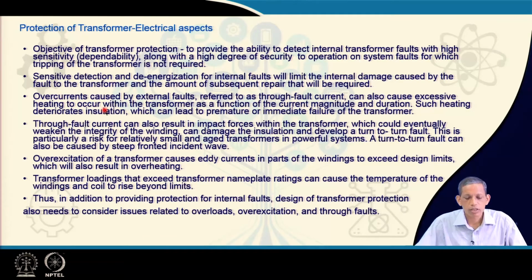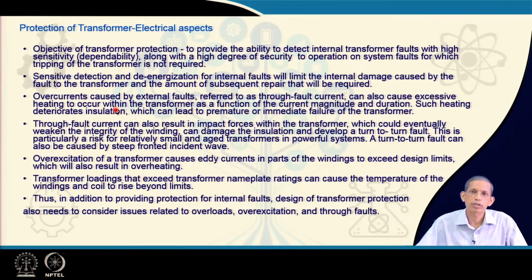Overcurrents caused by external faults, called through faults for the differential protection or transformer protection, lead to excessive heating in the transformer. Such heating deteriorates the insulation, which can lead to premature or immediate failure of the transformer. So how long the transformer can tolerate an external fault is also a governing factor.